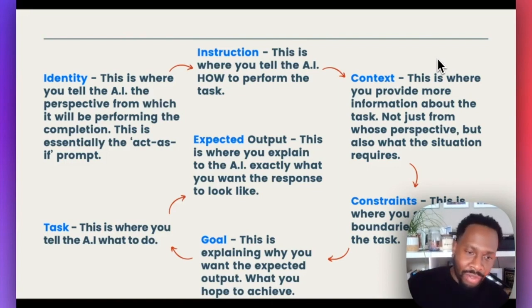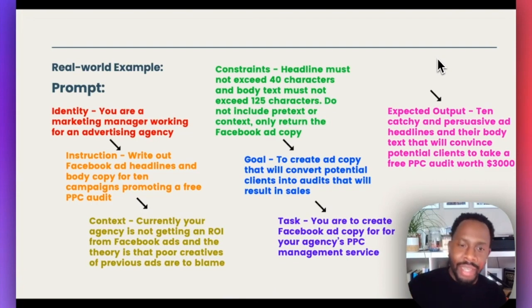And then we follow a similar structure as we did with the PEC model, but in even more detail, where we provide context of what the role is doing or what type of company it is. Is it a large company, a small company? All that information makes it really clear to ChatGPT what results we're looking for. So here's an example of what that looks like. In this case, the identity is I'm a marketing manager at an advertising agency.